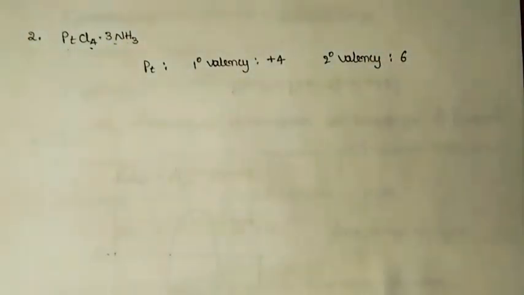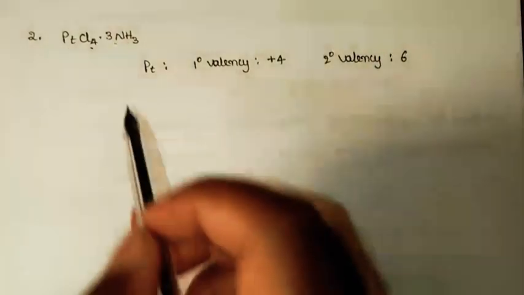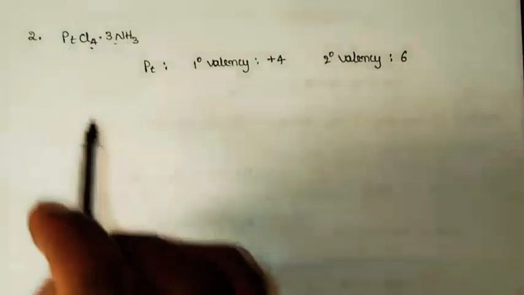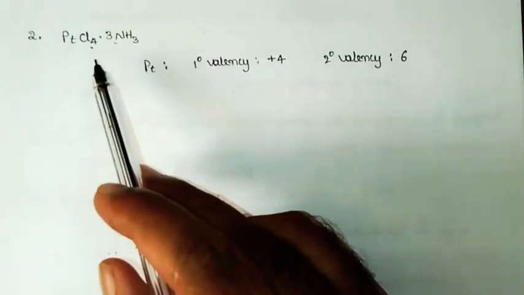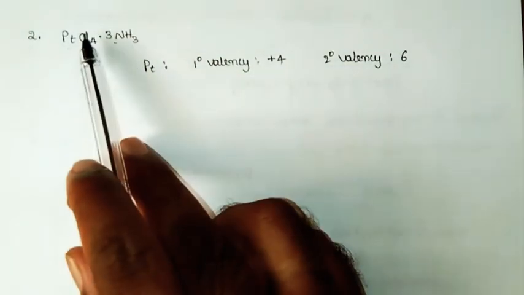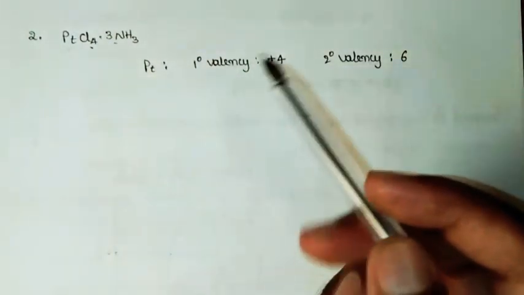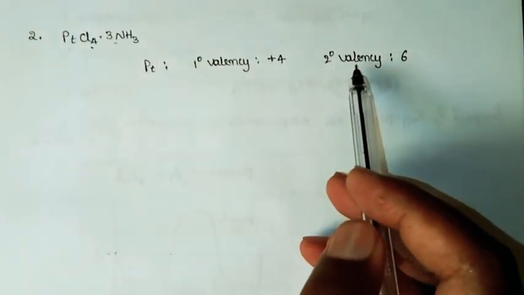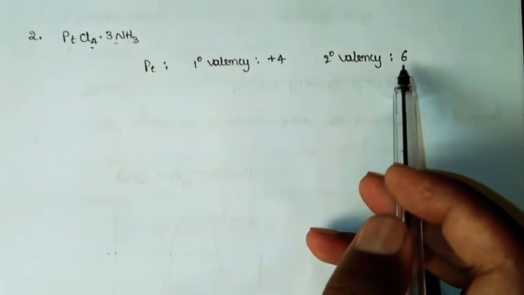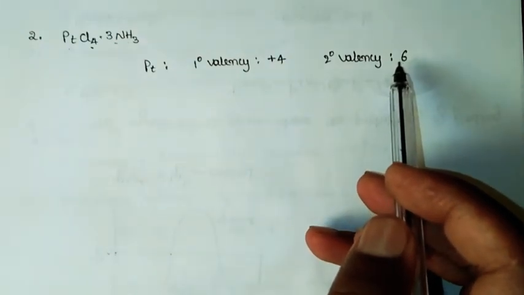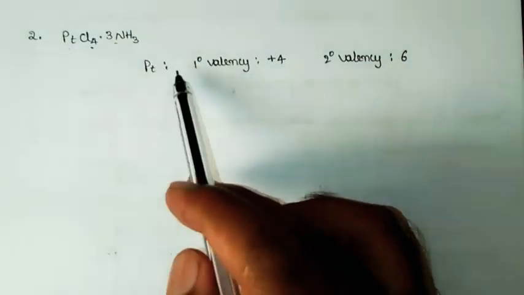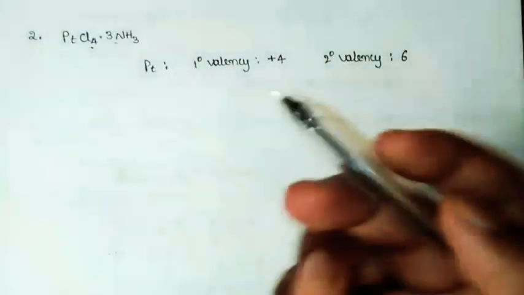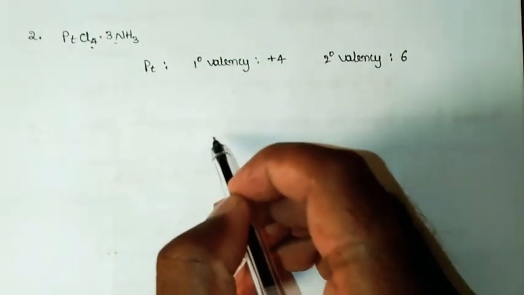Now we shall draw the possible geometry for this compound. In order to find the exact molecular formula, we shall draw the exact geometry of the molecule by looking at its secondary valency. Here the secondary valency of the central metal ion platinum is 6, so the possible geometry is octahedral.